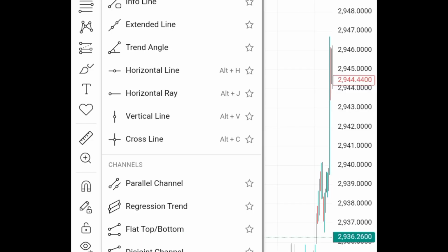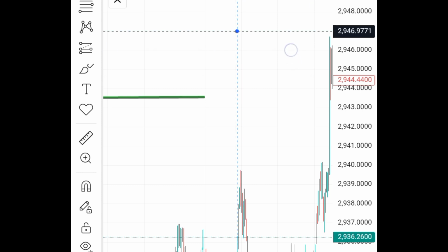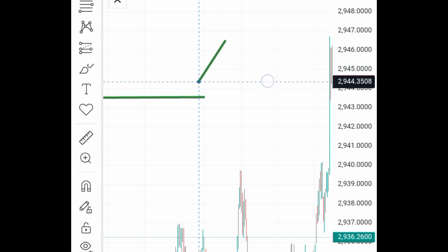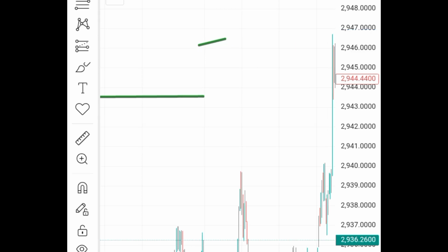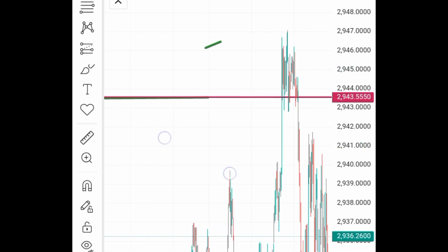As we all can see, here was the line that I marked. I'm on my M5 now. Here is the line that I marked on my daily candle. So let us scale this line to the left. Let's extend the line. Okay, so let's go.